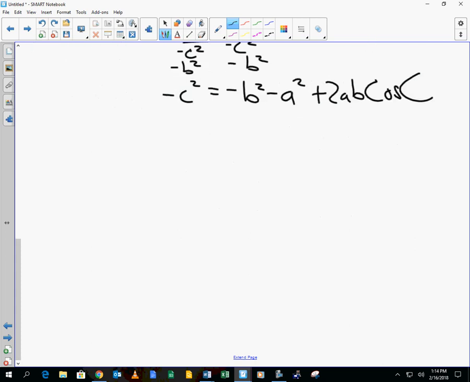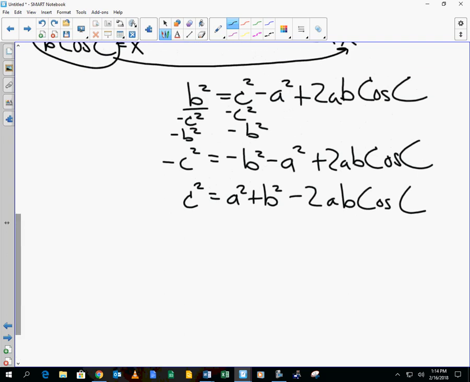And furthermore, I'm going to get rid of the negative by multiplying through by negative 1. I get c squared equals a squared plus b squared minus 2ab cosine of angle C. Now look what I've got.